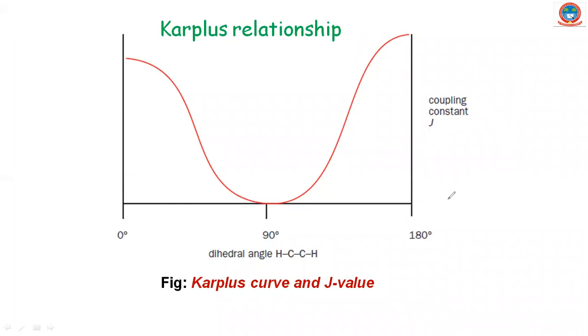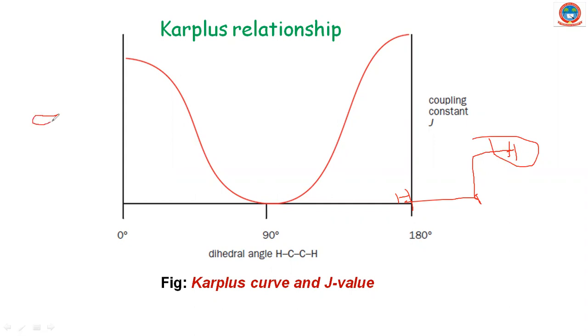See now, there is one proton, there is a carbon, and here one proton, suppose, in the molecule. So if these two protons are at a 90 dihedral angle, what will happen here?